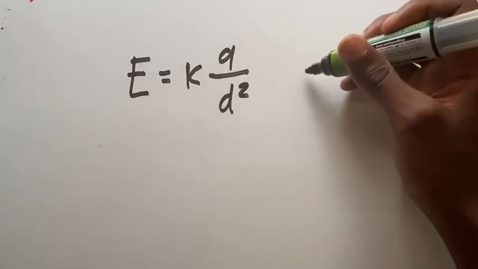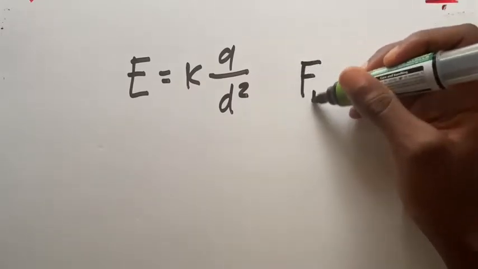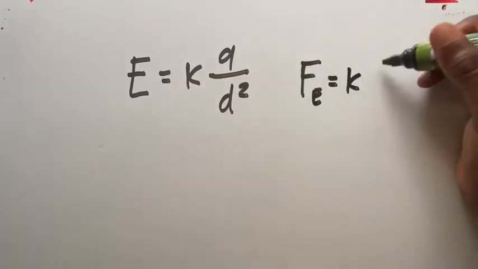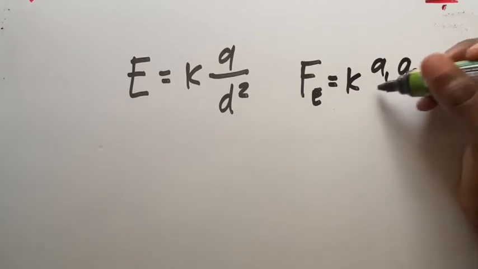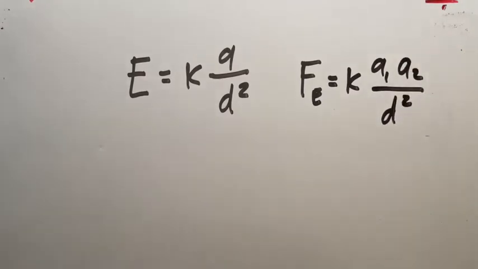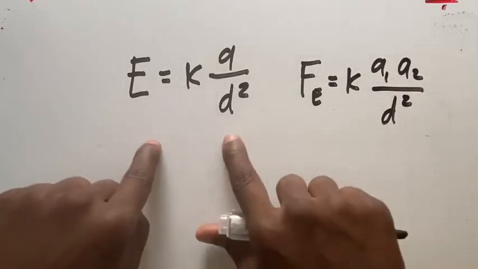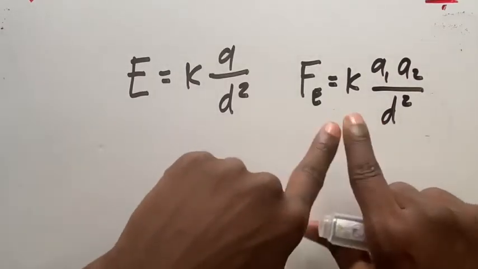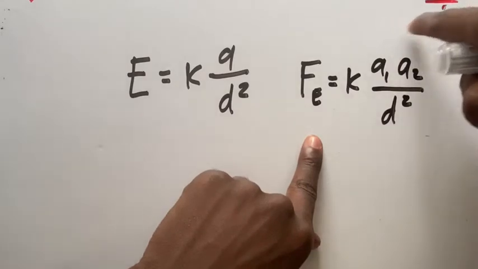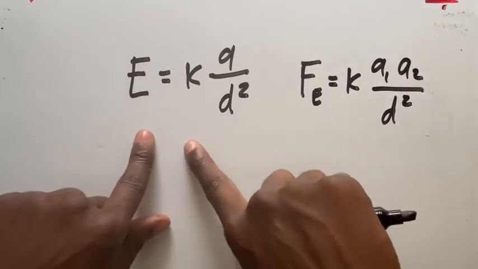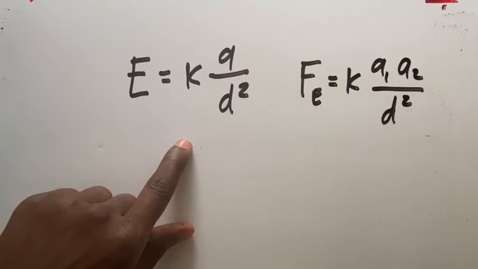So notice that's very similar to the electric force as given by that. Boom. So the only difference between the electric field and the electric force is the electric force has charge 1 and a charge 2, whereas the electric field only has one charge.